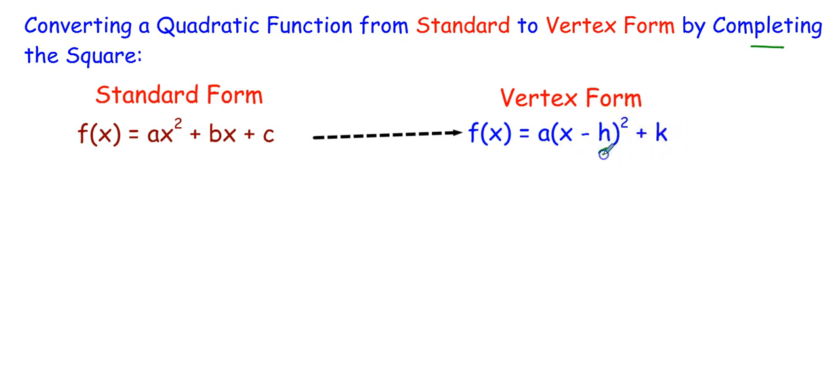In this, (h, k) is the vertex. The x coordinate is h and the y coordinate is k. We are going to look at it as we move on.